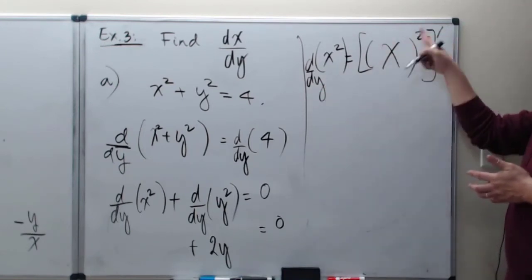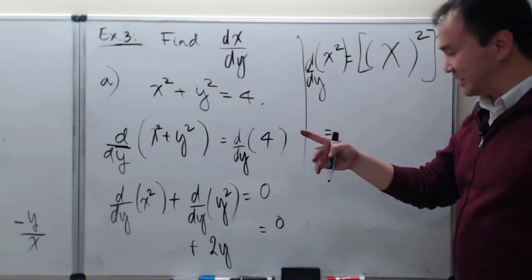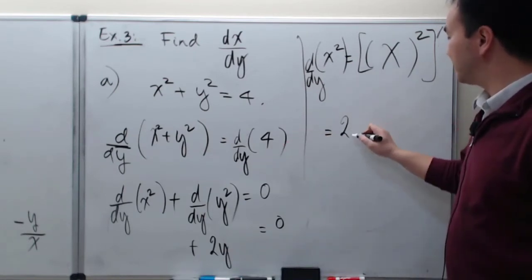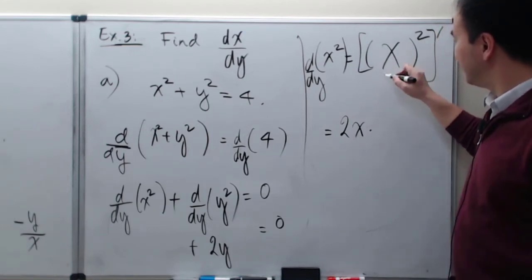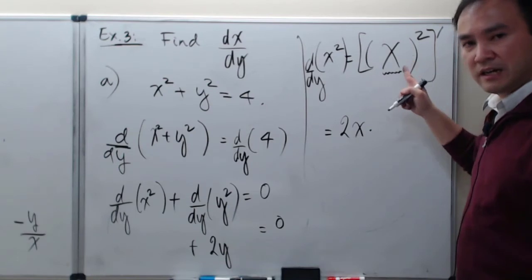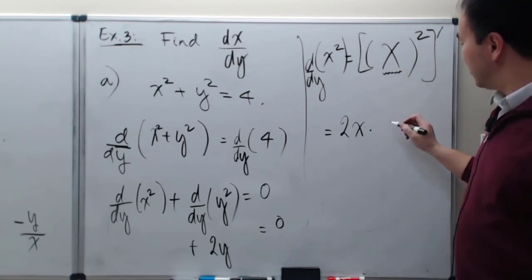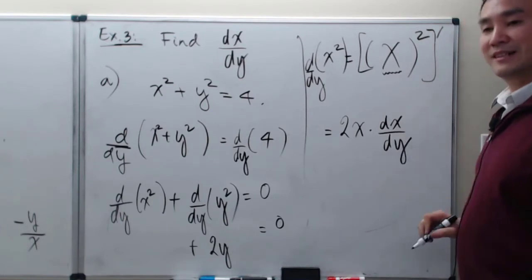But now taking the derivative here, the chain rule says take the derivative of the outer function. So that gives us 2x. But now the chain rule further says we need to multiply with the derivative of the inside function. So now I'm looking at the dx/dy.